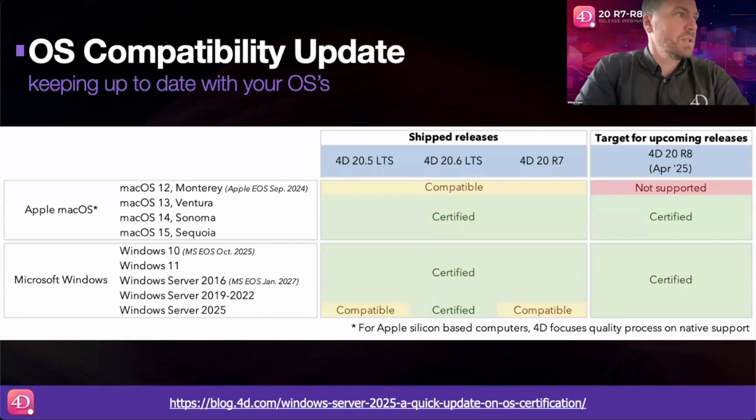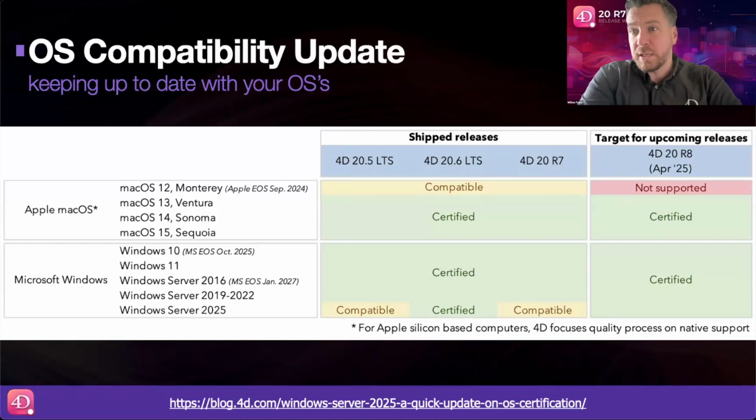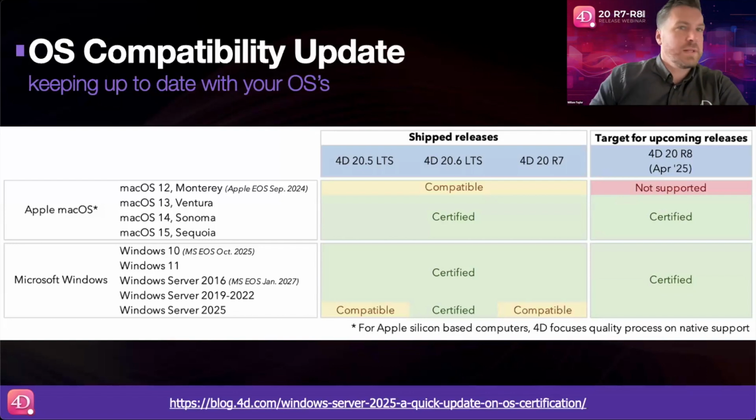So you have Ventura, Sonoma, and Sequoia to work with. And Windows Server 2025, which came out, I believe, last November, is slated to be certified for 20R8. That's where we're at there.